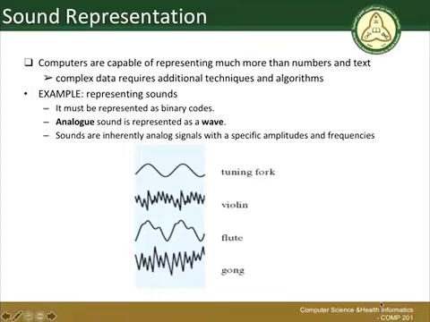Sound representation. A computer, as we said, is capable of representing numbers, text, images, and also sound. But more complex data like sound and movies require additional techniques and algorithms.